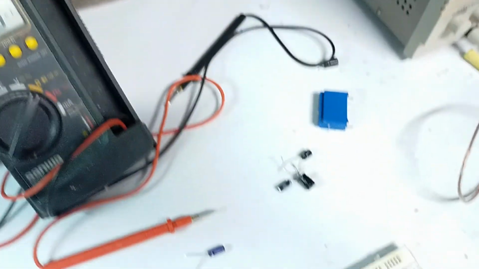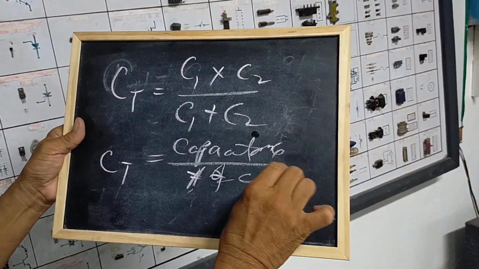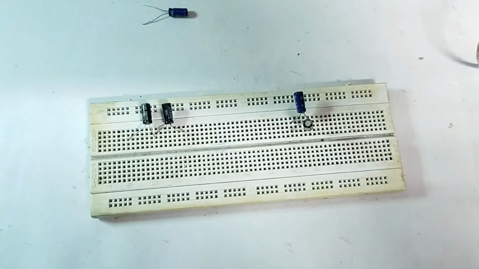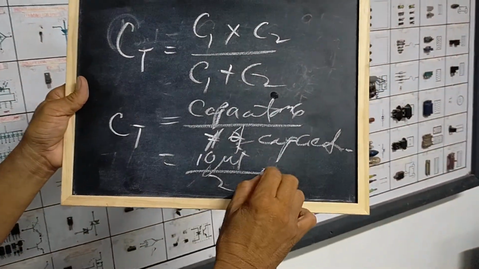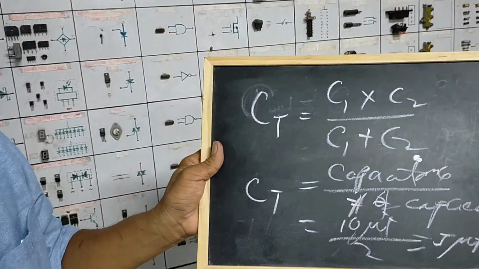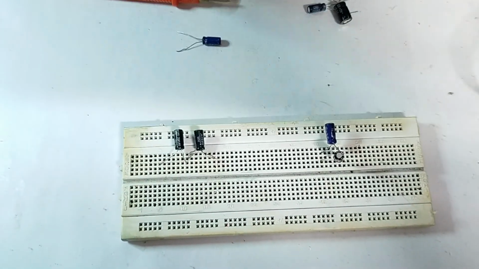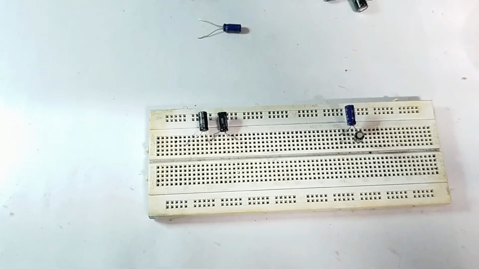Since there are only two capacitors, write here 2. The capacitance of each capacitor is 10 microfarad, divided by 2 is 5 microfarad. The total capacitance for the two capacitors connected in series is 5 microfarad.